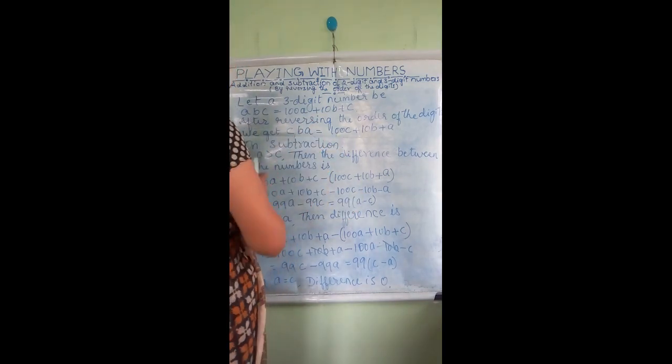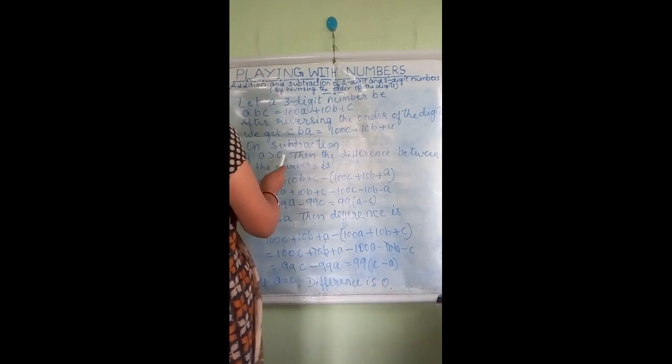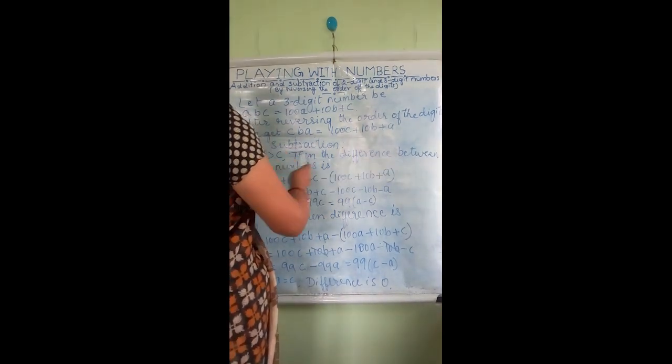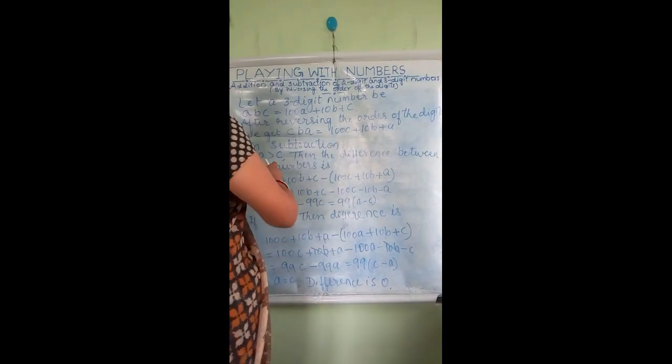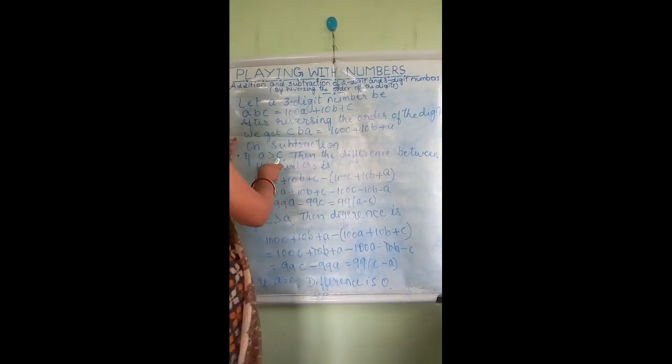The first case is if A is greater than C, then what will be the difference between the numbers? That you have to find. If A is greater than C, then you have to subtract C from A, isn't it?